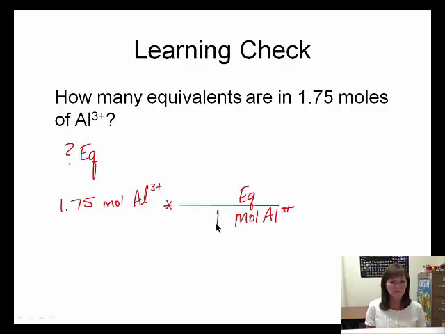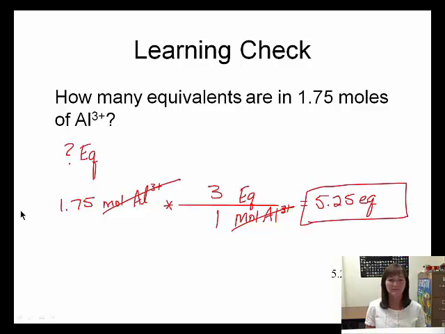If I have 1 mole of aluminum ion, how many equivalents are there? You just look at the charge of aluminum, which is 3. And so you just say 3 times the 1.75, so my moles of aluminum cancel. So we have 5.25 equivalents, which is equal to my 1.75 moles of aluminum ion.